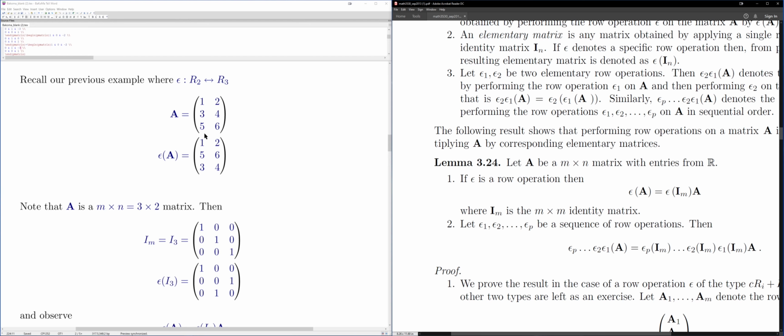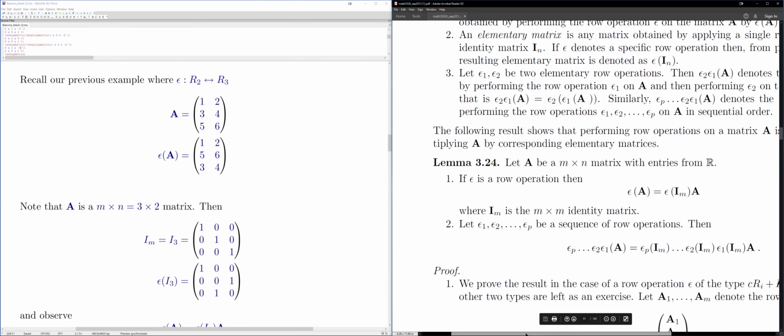So epsilon A is what I get when I apply a single row operation called epsilon to A. So I exchange the bottom two rows, I exchange row 2 and row 3. So that is what this left-hand side is, and we saw that already.